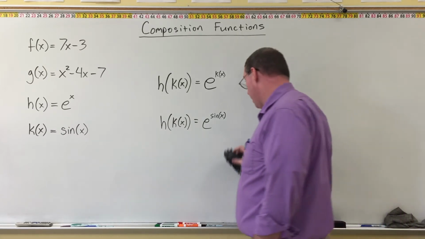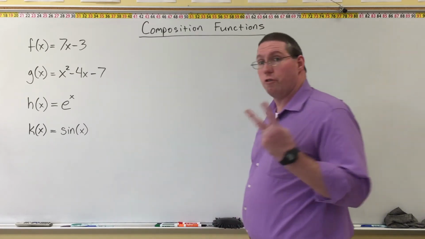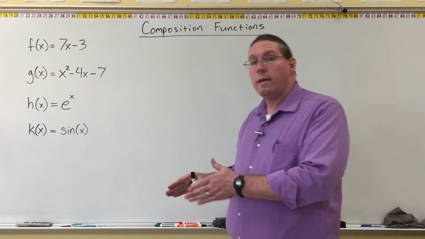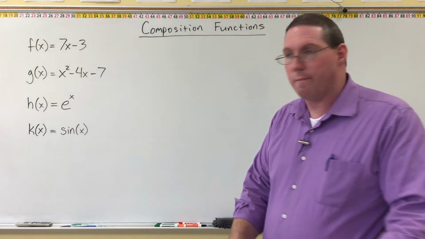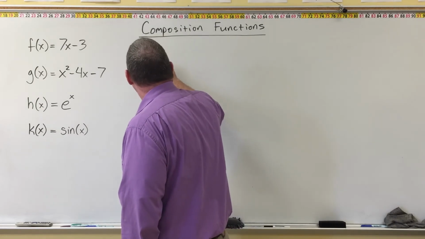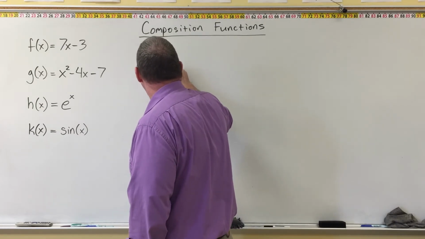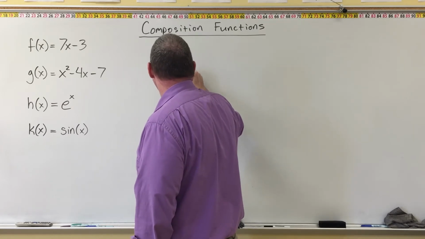Now, these can actually become more complicated because we can do more than two of them. We can put one inside of another one and then put that one inside of a third one. So, for example, we can do k of h of f of x.